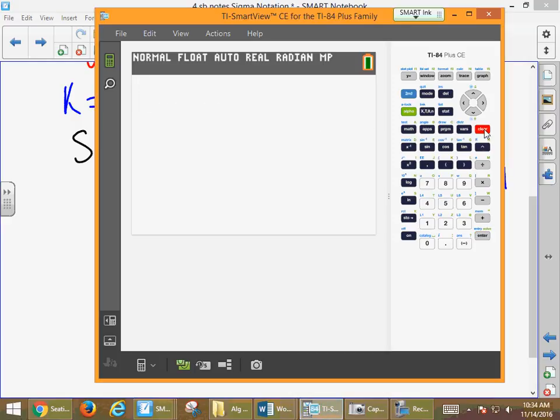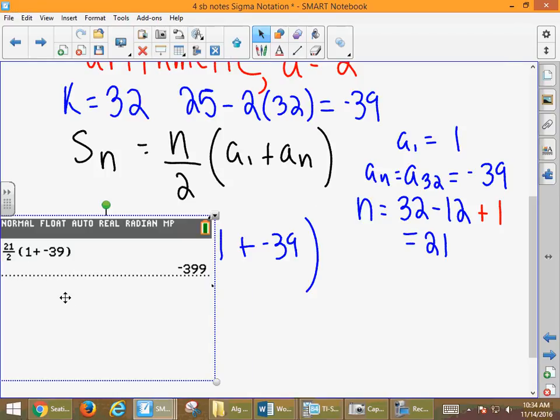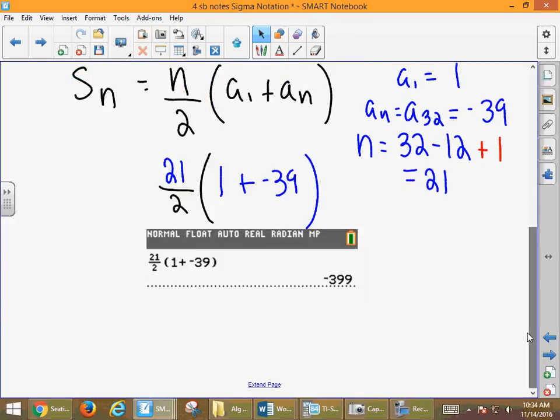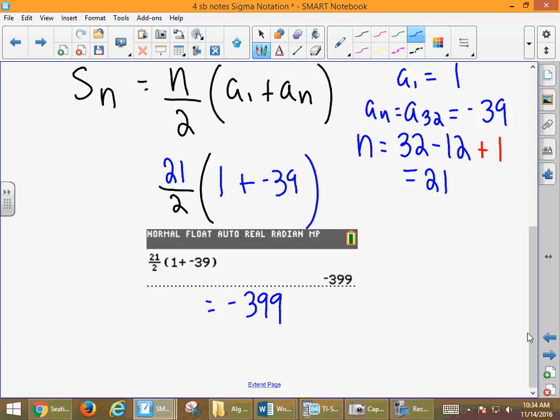We have 21 divided by 2 times 1 plus negative 39. And we get negative 399. If you were so inclined, again, alpha window number 2 will let you check your answer with that.